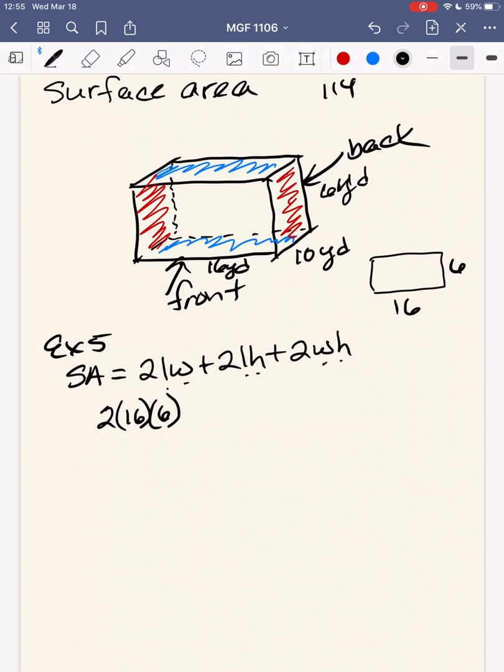That's our starting point. Now I want to look at length times height. This will be the bottom here, and it's going to be 16 and my 10. And so I have two of those, and I have 16 and 10.